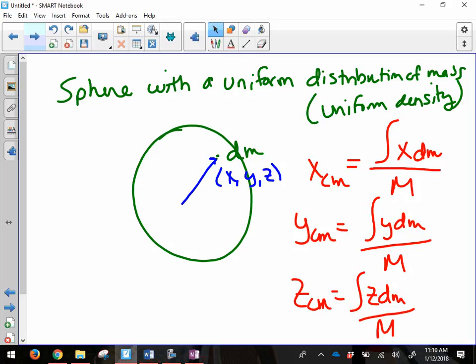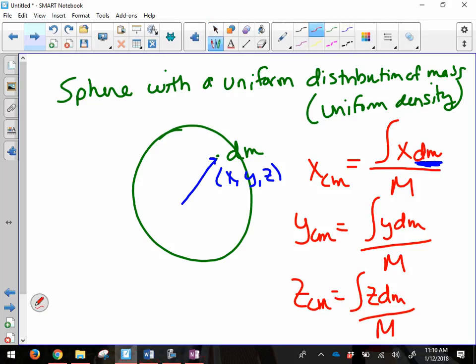And those limits related to our variable of integration, which was indicated by the d something. So for these three integrals, I'm integrating over mass. Elisa, that should make your skin crawl. What do you mean integrating over mass? And what would the limits be? It's not like I'm applying it from 0 to x equals 4 or something. It's the mass.